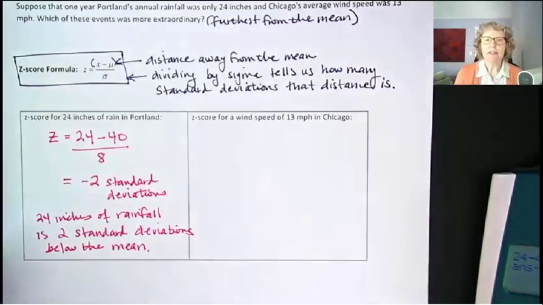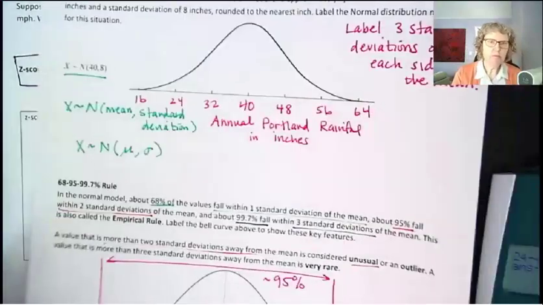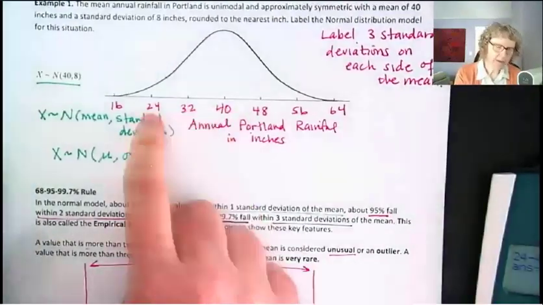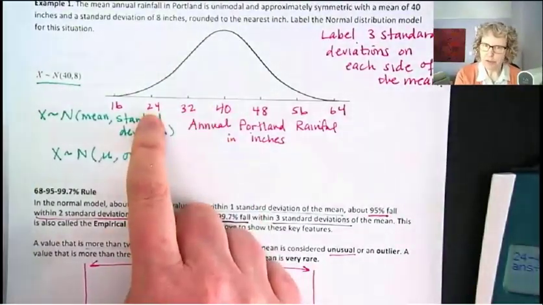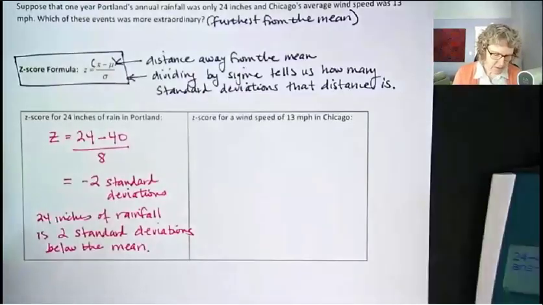Okay, I wouldn't say -2 below because that's a double negative. The negative means below. Okay, now remember when we drew this out? We can actually see that 24 is exactly 2 standard deviations below. Pretty cool, huh? But not every z-score will be right on one of the even standard deviations.